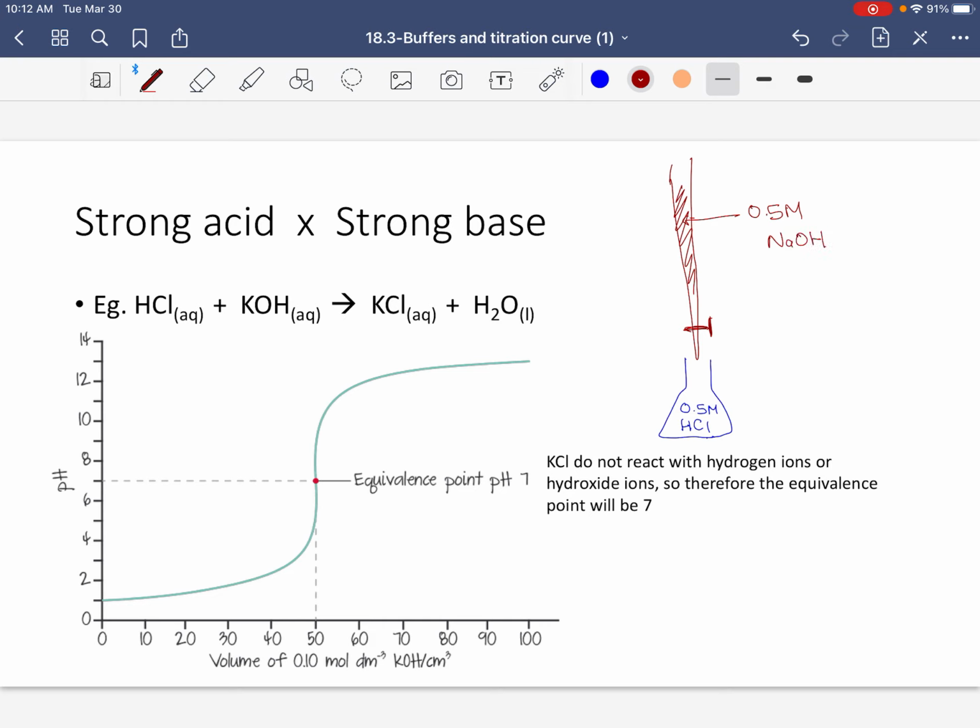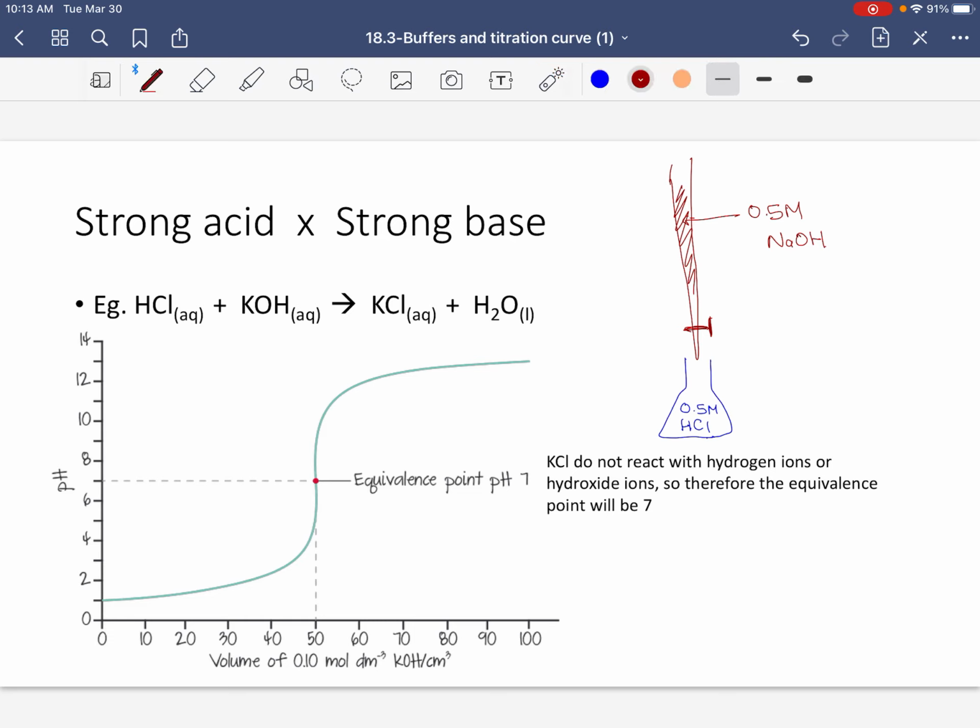I made it 0.5, so it is easy for me to look at the volume. If they have the same concentration, whatever volume is in here, let's say it's 50 milliliters, you're going to use 50 milliliters of this, because by doing that, you have the two moles being equal. And that is what we call the equivalent point. That is the end point in your titration lab.